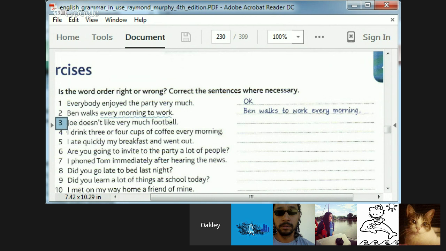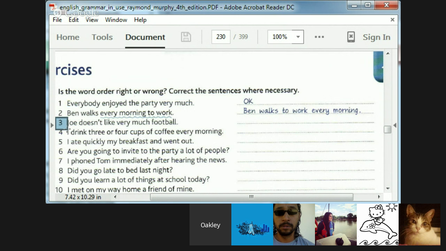He doesn't like the game of football. However, if I keep this sentence the way it is, Joe doesn't like very much football. Maybe he likes football. He just doesn't like to play it a lot, repeatedly, over and over again, many times. We don't know how much he actually likes the game.